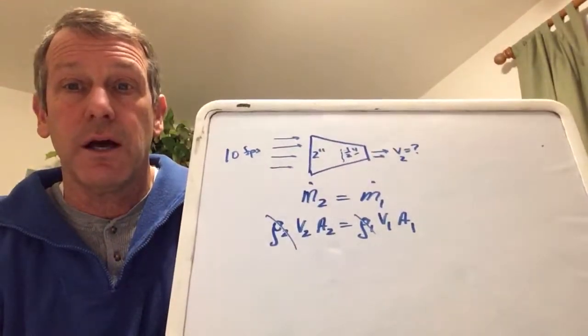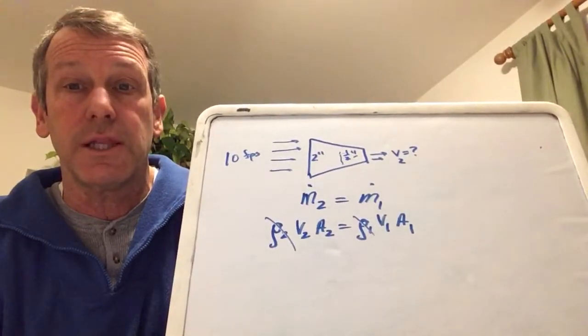That's easy enough. It looks like we have enough information to get the area. So let me write that next line in. By the way, if you know what you're doing, just go ahead and finish this off on your own and see if you get the right outlet velocity.